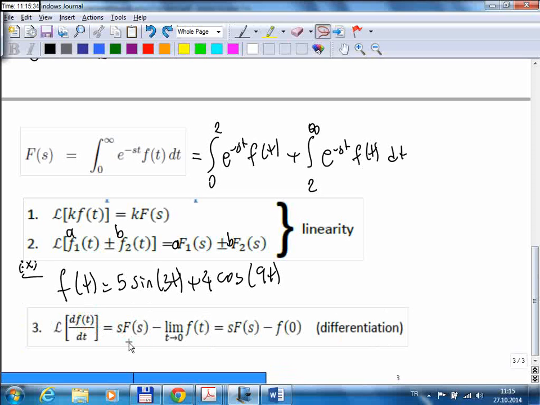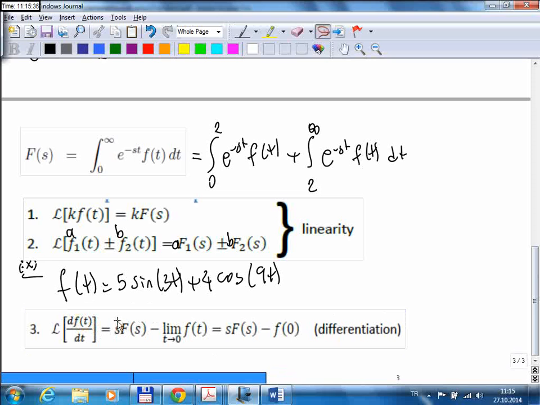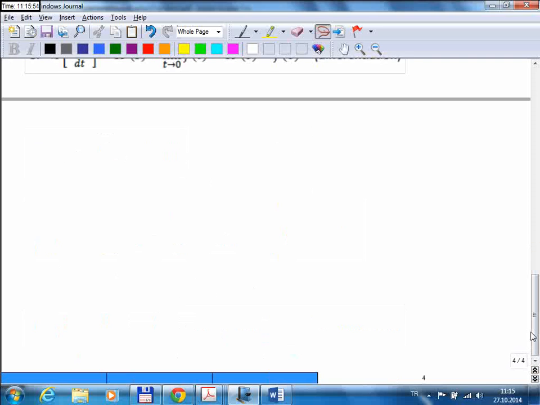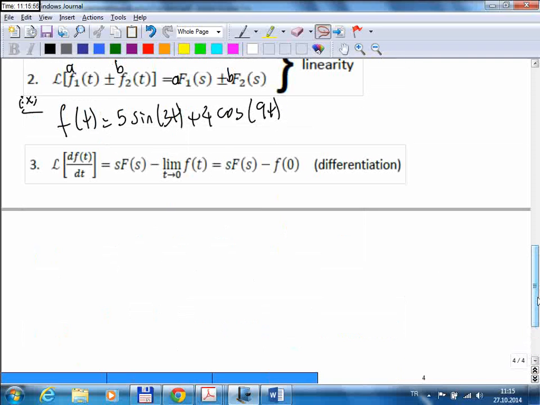All you need to do is take that and put an s in front of it, and then you get these terms due to the initial conditions. But in the end, you get rid of the derivative term, and you're left with this in the Laplace domain. So this property makes our lives very easy. We get rid of the derivative terms.